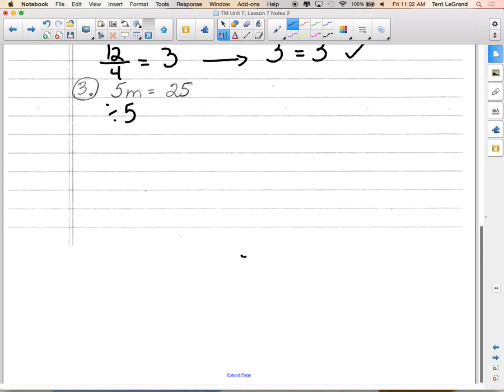So we divide this side by 5 and that side by 5, and we would have a 1M tile by itself. And what would 25 divided by 5 be? How much would be in each group? 5.